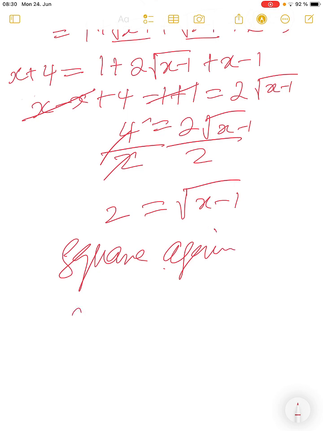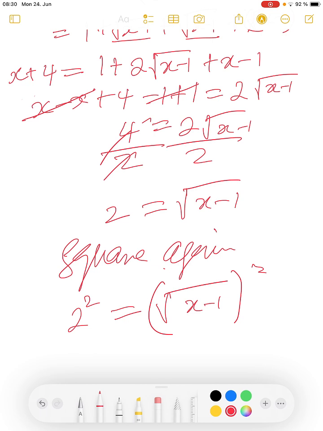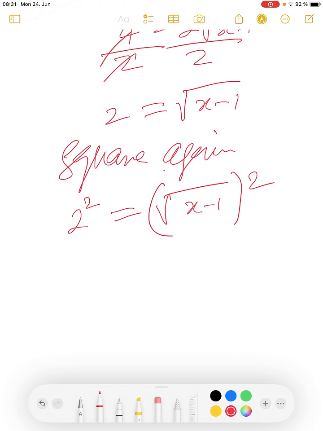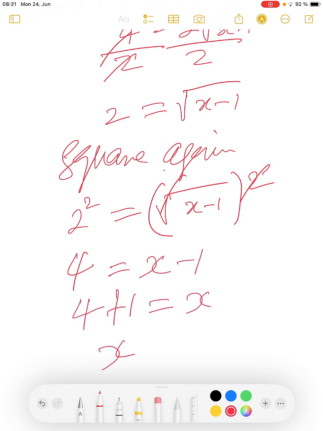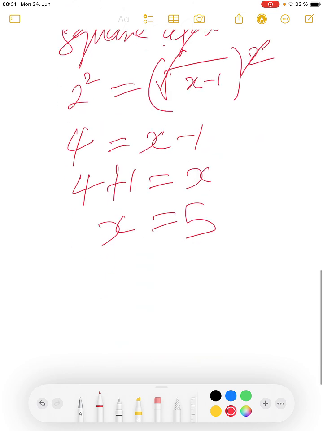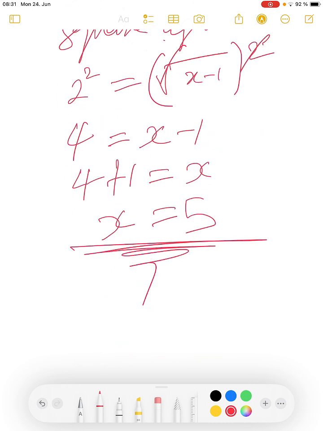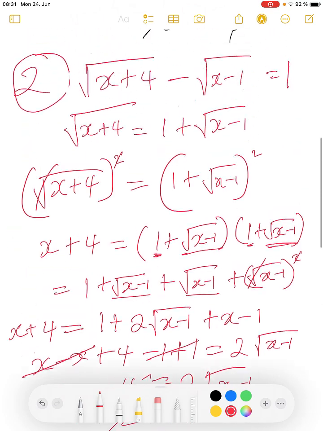So we have 2 squared equals root x minus 1 squared. So you have 4 equal to, this cancels this, x minus 1. So 4 plus 1 equal to x. So x equals what? 5. You've solved this surd equation.